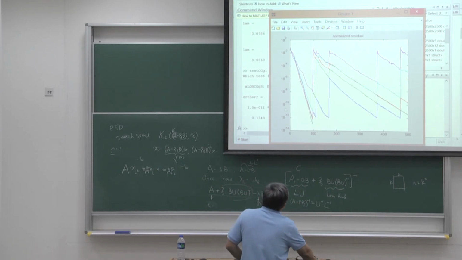So even without preconditioner, it goes this well. The residual is 10 to the minus 13. See how many eigenvalues converged? 1, 2, 3, 4, 5, 6, 7, maybe 8.